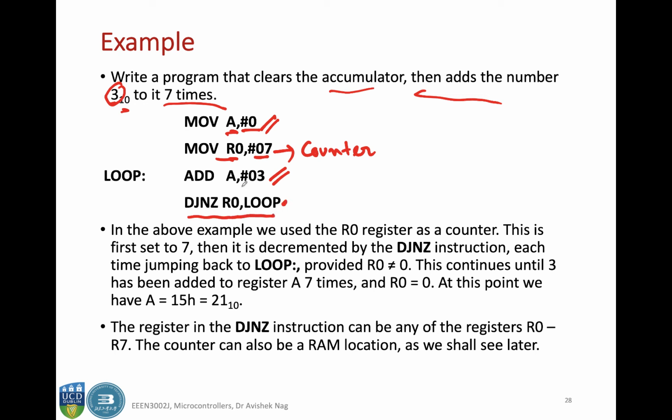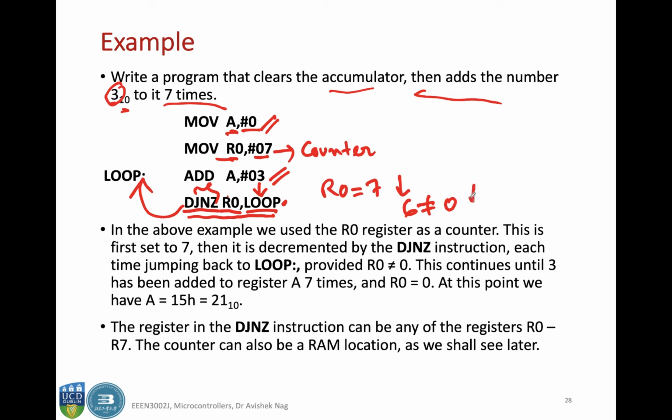What this line is doing is decrementing R0. R0 is 7. Once this line is run, DJNZ decrements R0 to 6, and jumps if non-zero. 6 is not equal to 0, so it will jump to this line, add 3 again, and then come to this line again.